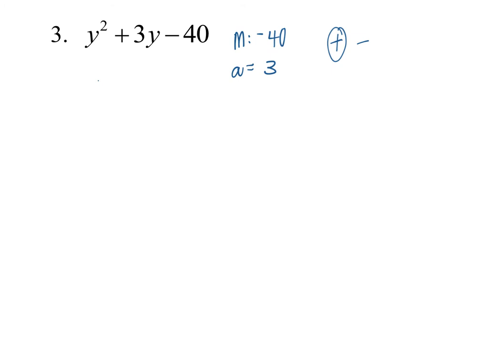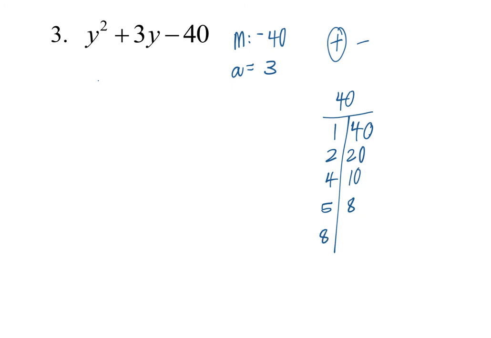So let's write the factors of 40. We got 1 and 40. 40 divided by 2 is 20. 3 doesn't go into it. 4 goes into it 10 times. 5 and 8. 6 doesn't. 7 doesn't. 8 goes into it 5 times.